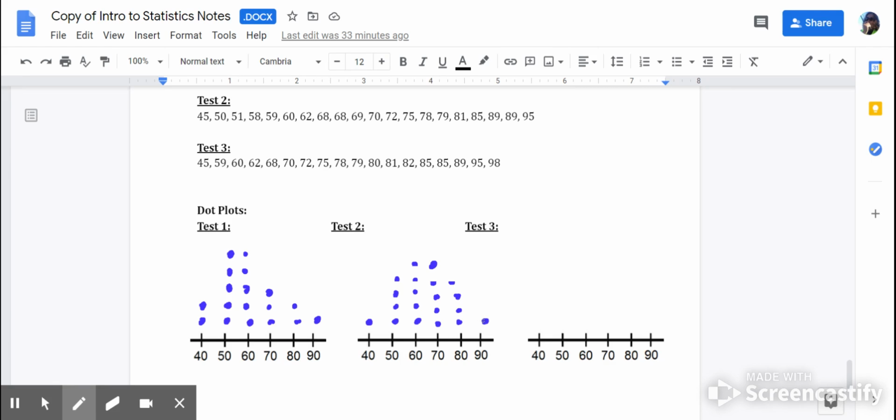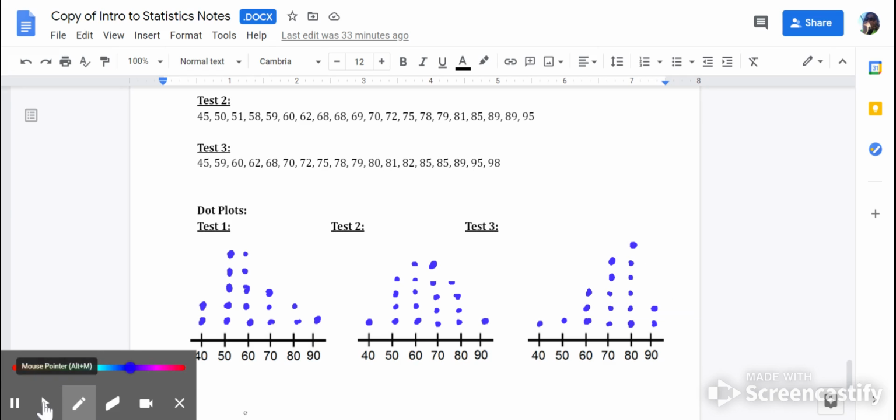And for test 3, 1 in the 40s, 1 in the 50s, 3 in the 60s, 5 in the 70s, 6 in the 80s, and 2 in the 90s. Now what we want to do is describe the skew of these graphs. So what is the shape?